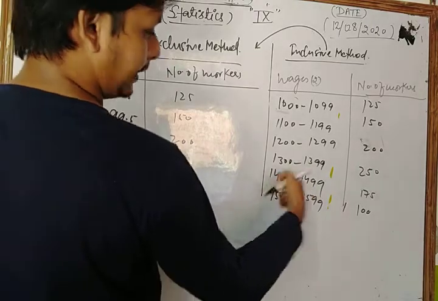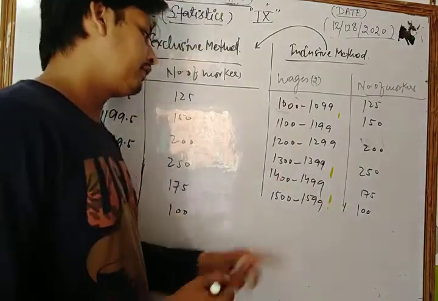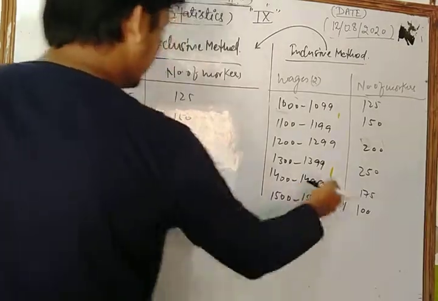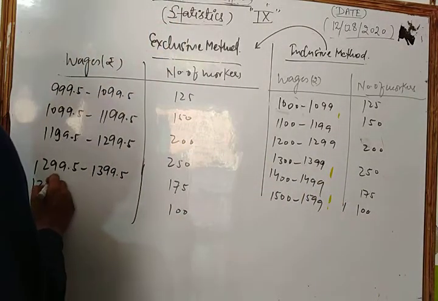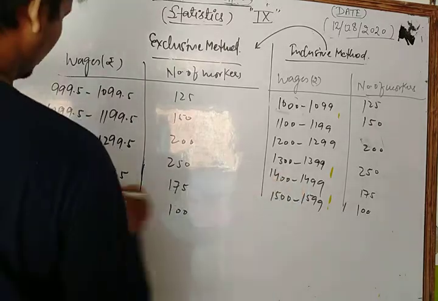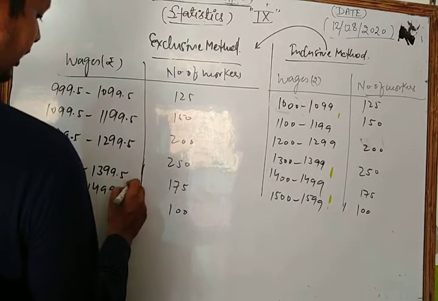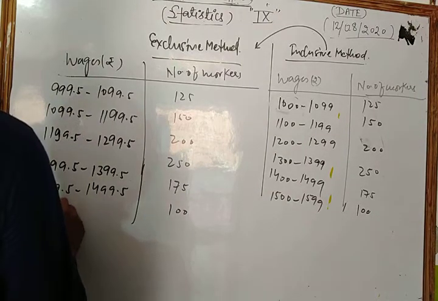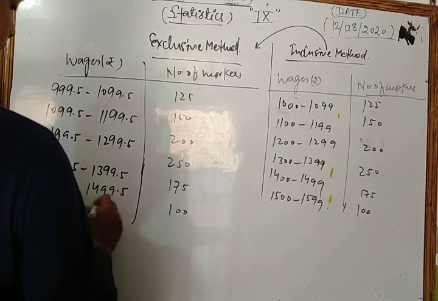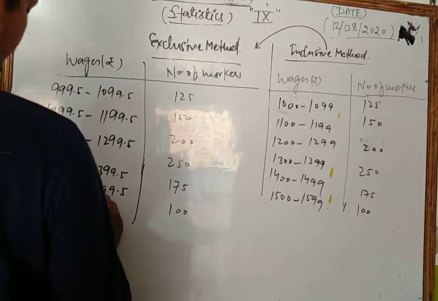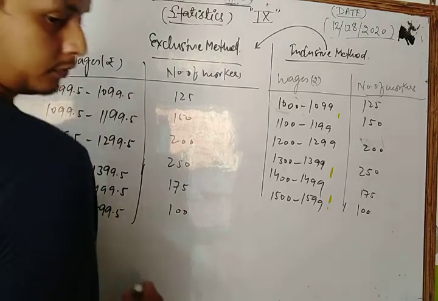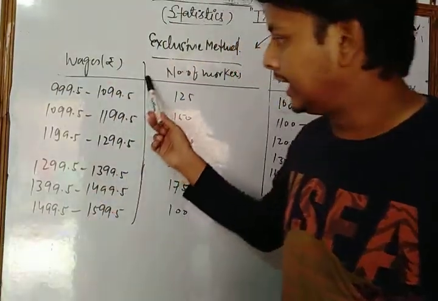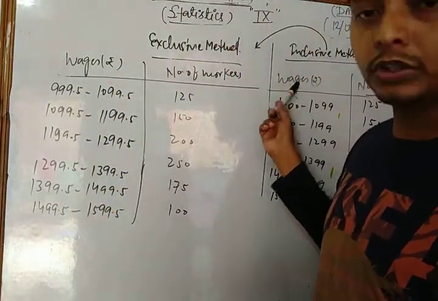Applying the same method, we subtract 0.5 from the lower limit and add 0.5 to the upper limit, so we have 1399.5 to 1499.5. Again we subtract 0.5 from the lower limit, so we get 1499.5 to 1599.5. Now dear students, we have converted the inclusive to exclusive.